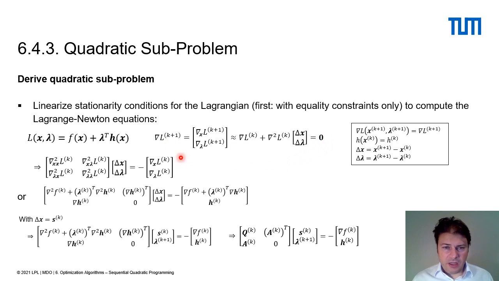Okay, and the gradient of the Lagrangian function we expand as a first order Taylor series, which means that we take the gradient of the Lagrangian function evaluated at xk plus the Hessian of the Lagrangian function evaluated at xk multiplied by an increment vector, delta x and delta lambda, to approximate the gradient of the Lagrangian function at xk plus 1.